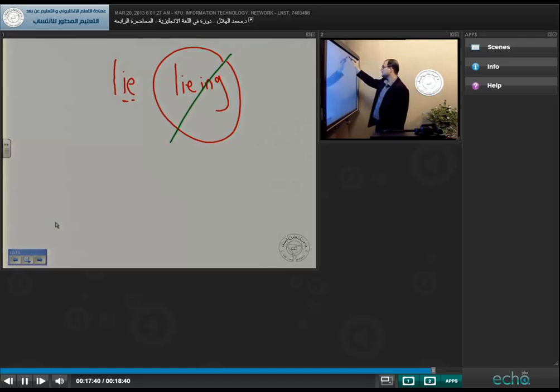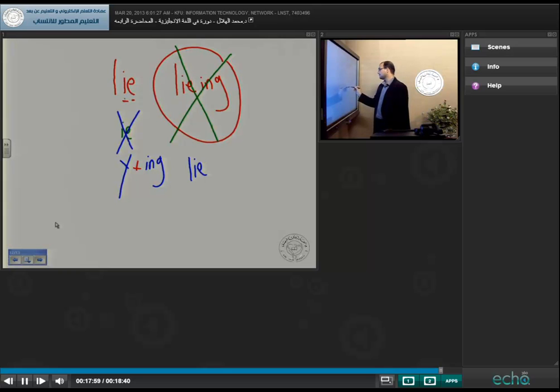This is grammatically wrong. So if you have this ending of the verb, you cross this out and replace it with Y. Then you add your ing at the end of the verb. So a verb like lie would become lying.